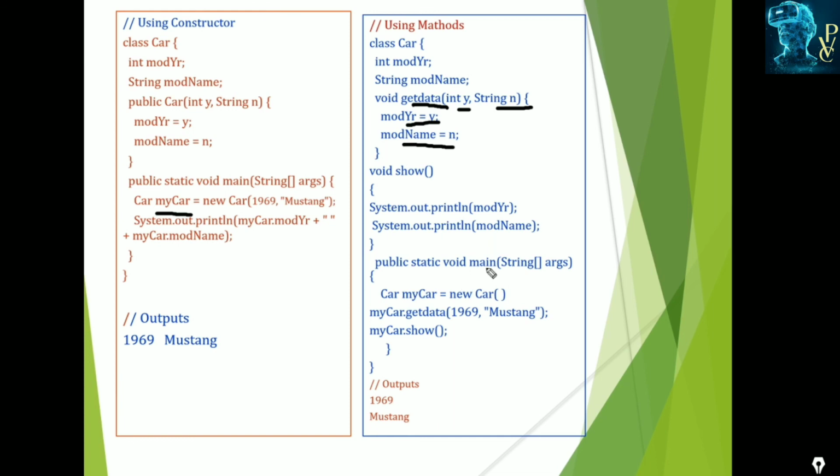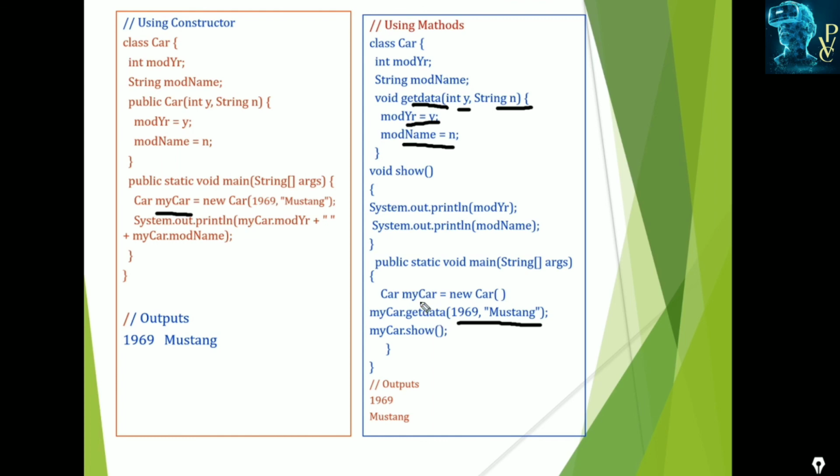And in the main class, you are creating the object car. myCar is equal to new Car. You have to invoke this method by calling the method using the dot operator: myCar, this is the object, dot getData. The getData method is used to assign the values to the variables of this class.